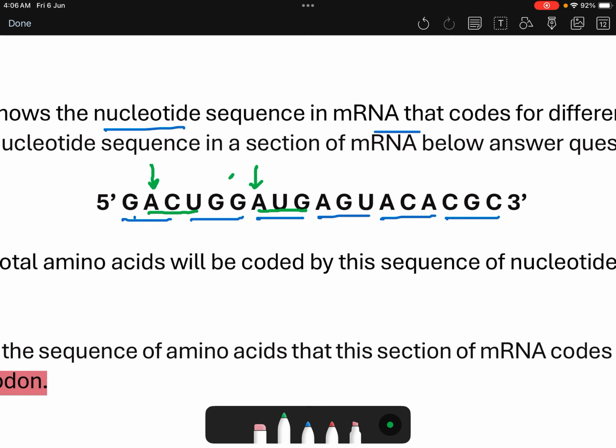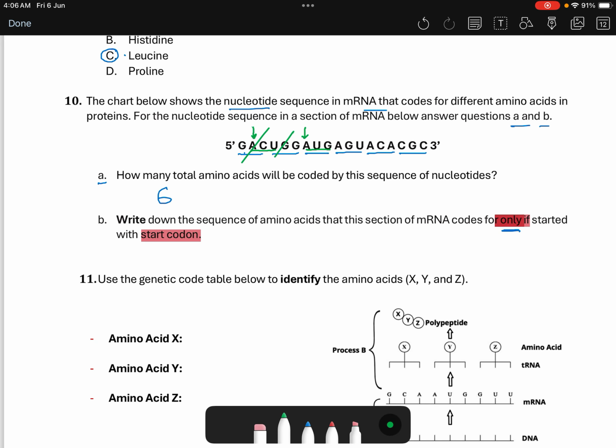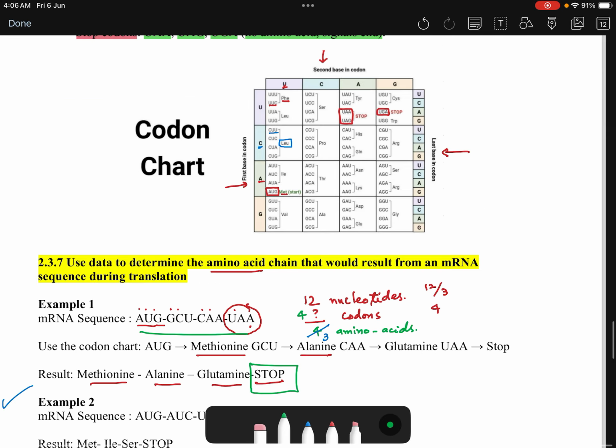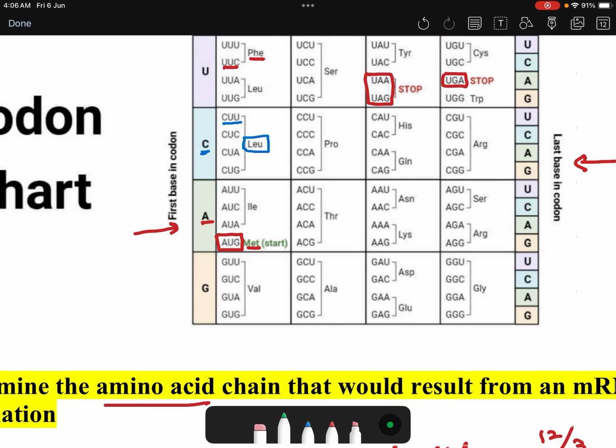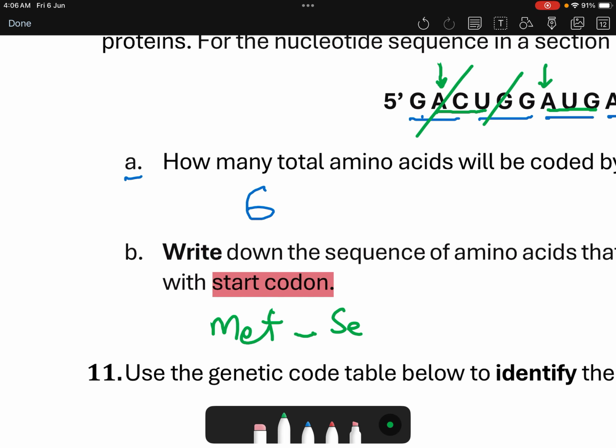So no need to say what is this. Only, you will start from AUG. Fine. So write down the sequence of amino acids. AUG, we know that this is meth. After that AGU. So we will go up. AGU, this is SER. Okay, SER.